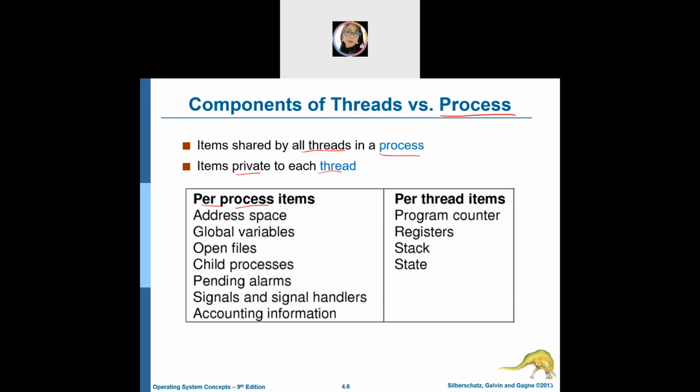For per-process items, there is a list of all the items; you need to look into them one by one. And per-thread items are, for example, the program counter, register, stack, and state.